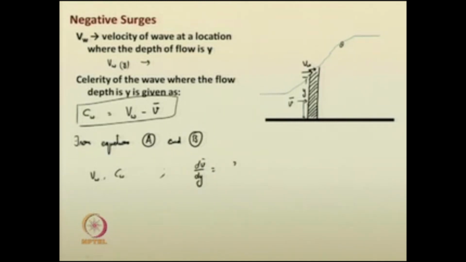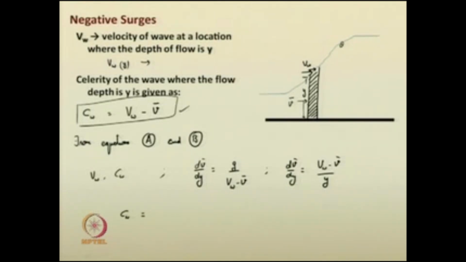dV by dy is nothing but g by V w minus V bar. Similarly, dV bar by dy is nothing but equal to V w minus V bar by y. Use both the relationships. You can just take it to this side. V w minus V bar is nothing but your celerity. So, you will get celerity now.